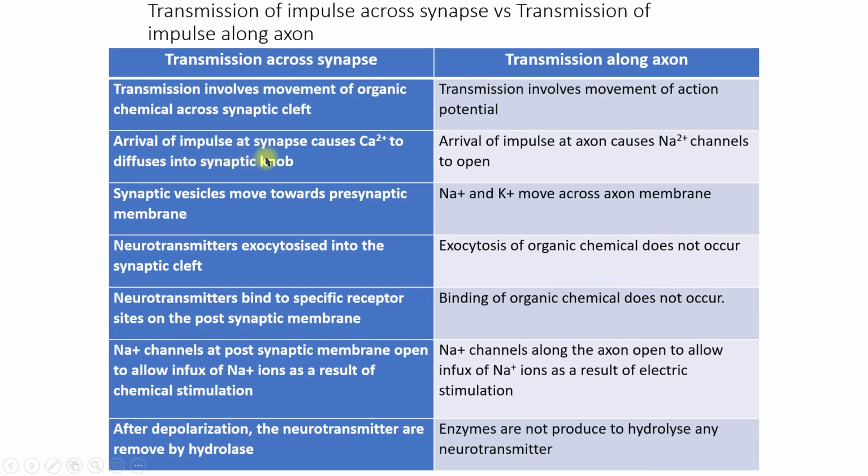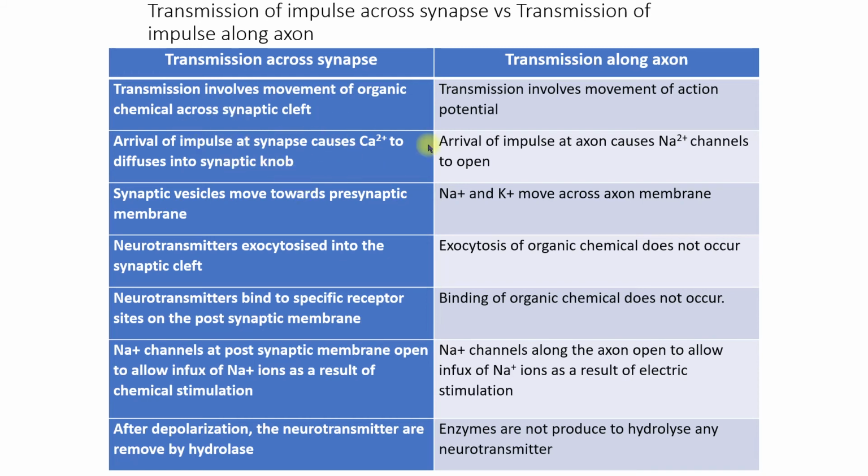Arrival of impulse at the synapse will cause calcium ions to diffuse into the synaptic knob. Remember, this is to further accumulate the calcium ions that will cause the synaptic vesicle to be exocytosed.